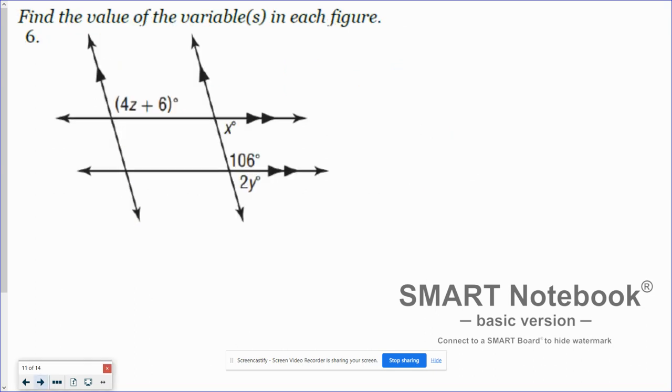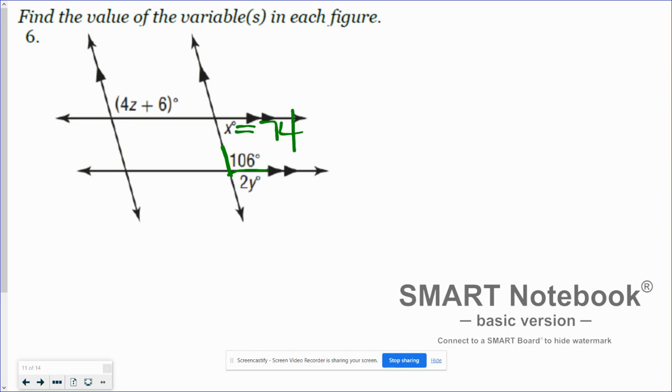Find the value of the variables in each figure. Well, x is going to be easy because we know that this angle here is 106 degrees. So what's the relationship with x? Same side interior. And when you have those same siders, same side sup. So x is going to be equal to 74 degrees.